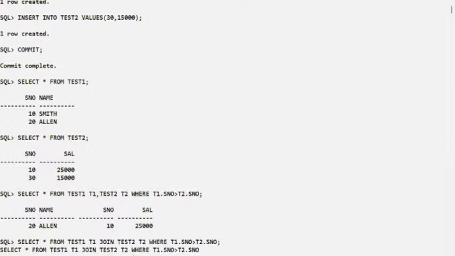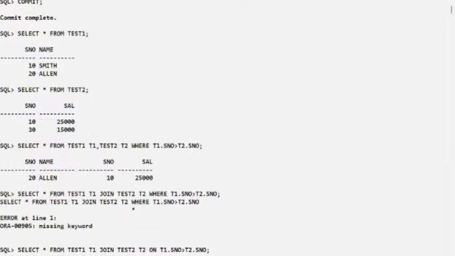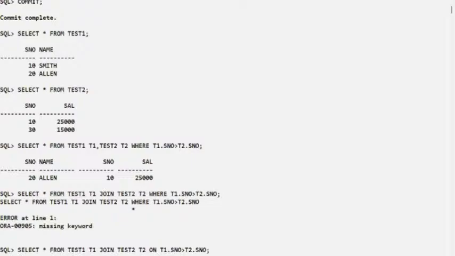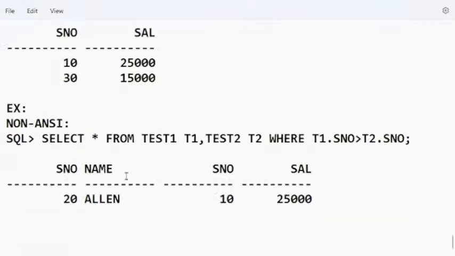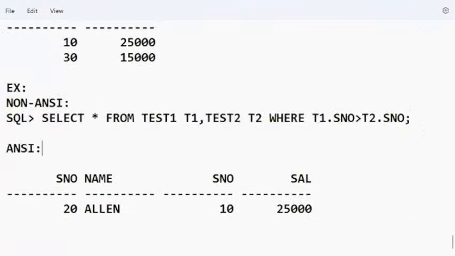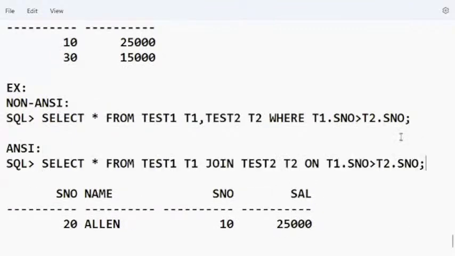So in place of where, I use on. Let me execute. Same output. This is called the ANSI format. Write down below. This is a very small example, there is no confusion in this. One small example we took on how to prepare non-equi join.